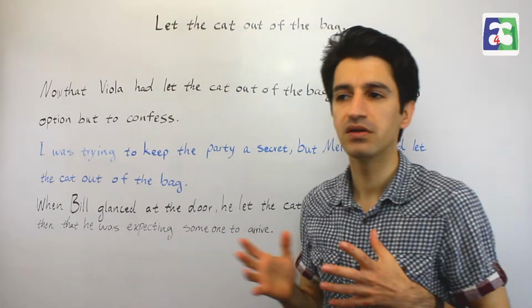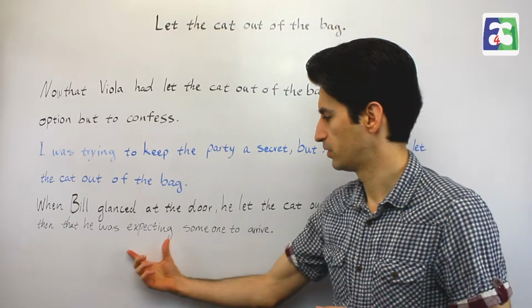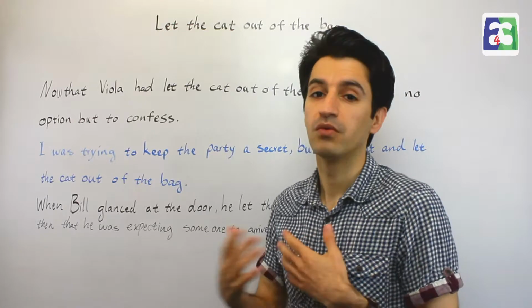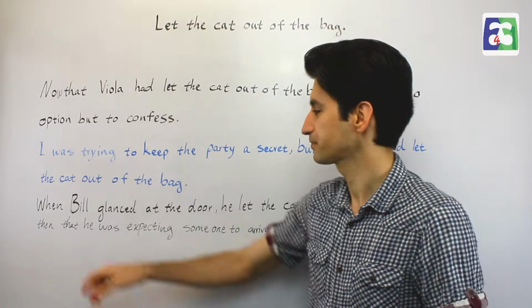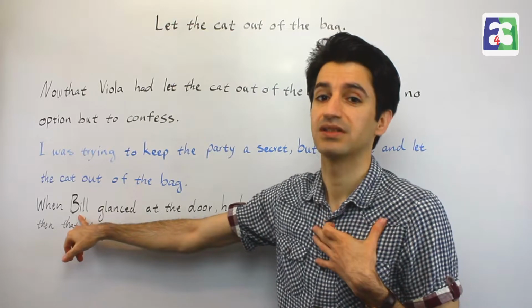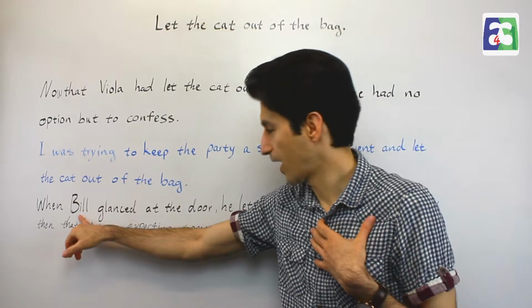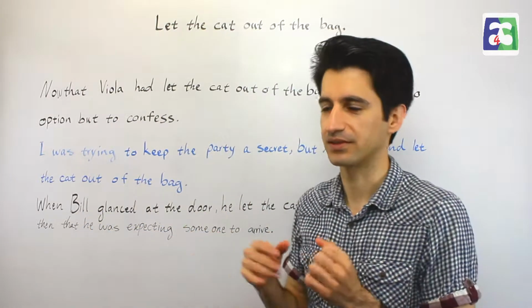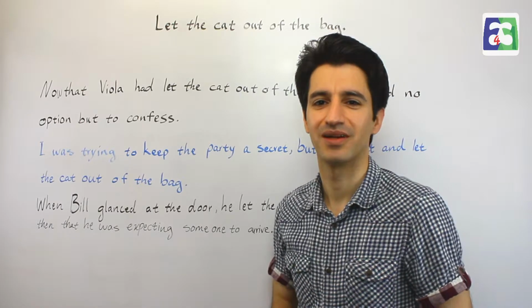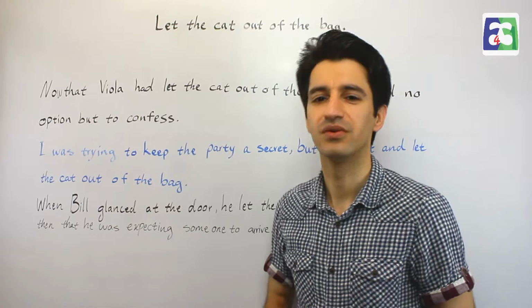Someone is coming, someone is on the way, and that is not known to us. We don't know that, but Bill lets us know. Bill tells others that he is expecting someone. How? By glancing at the door, looking at the door, checking the time, checking the phone or something like that. We know that someone is also coming.